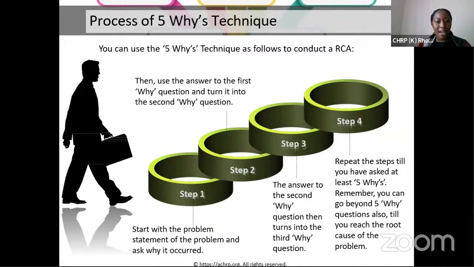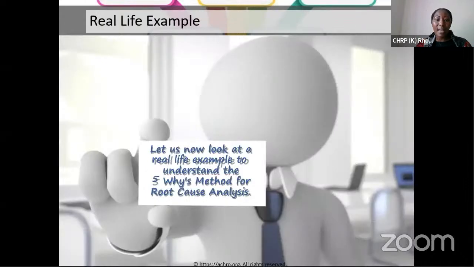So after you state the problem, ask why it occurred. Why is this occurring? Then you move to the second step, which is to use the answer to the first why question and turn it into the second: why did this happen? Then like that, you repeat to the last.